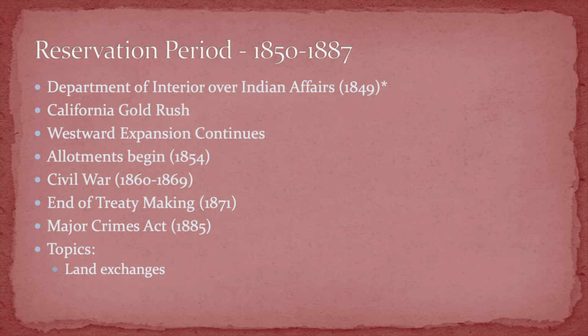In 1885, there was the Major Crimes Act that happened. So while these treaties before this time have indicated the sovereign-to-sovereign relationship, the authority to impose laws within a particular land jurisdiction for a particular people.